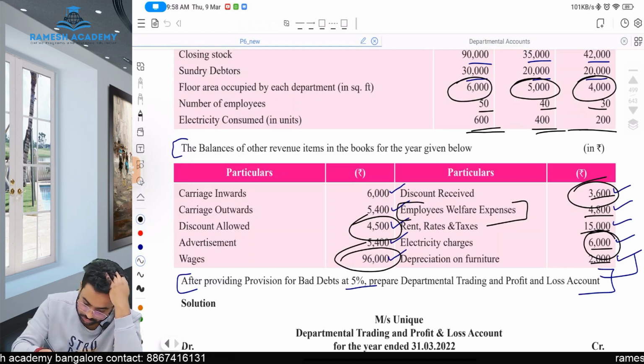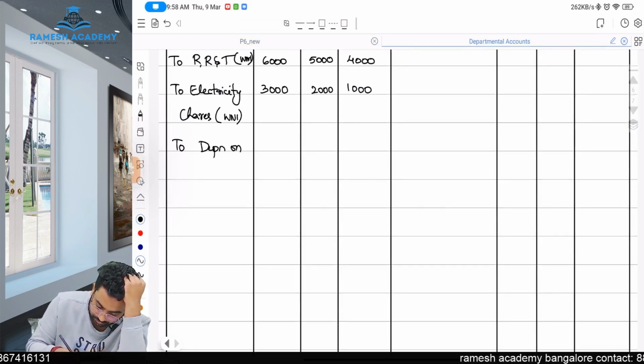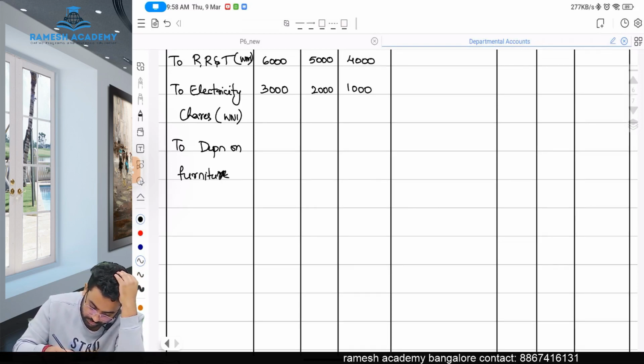Done. Next was depreciation on furniture, working note number 1.